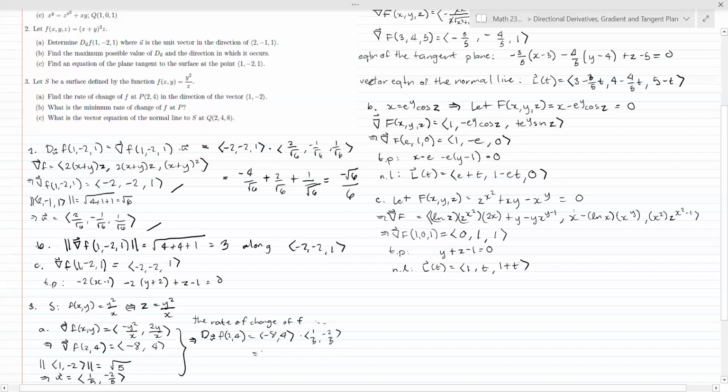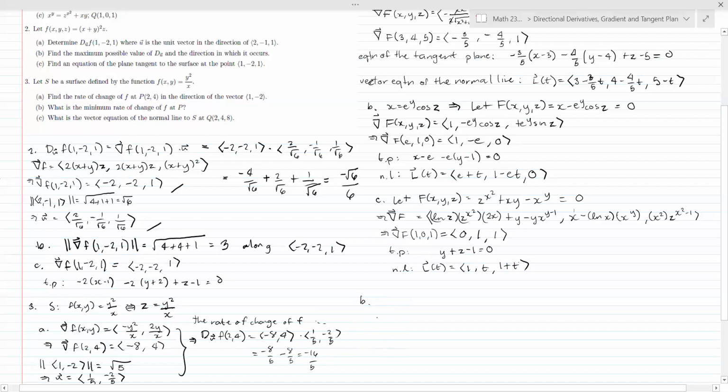This is equal to negative 8/√5 minus 8/√5, negative 16/√5.